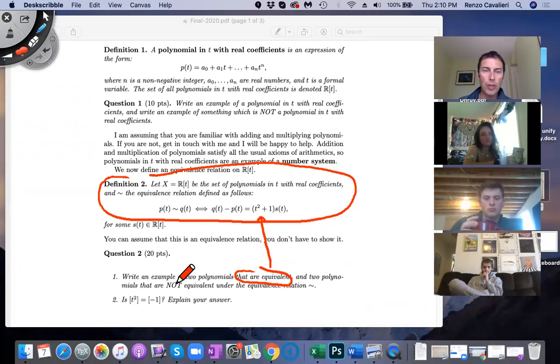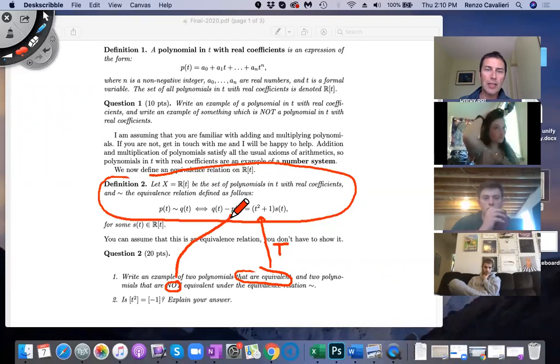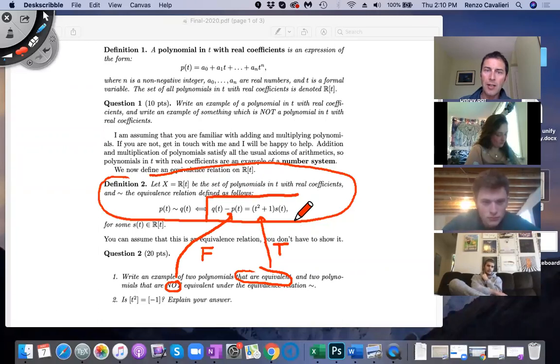And when you want two polynomials that are not equivalent, you want this statement to be false. Because this right here that I'm boxing right now is the passport, the document that tells you what it means to be equivalent in this exam.